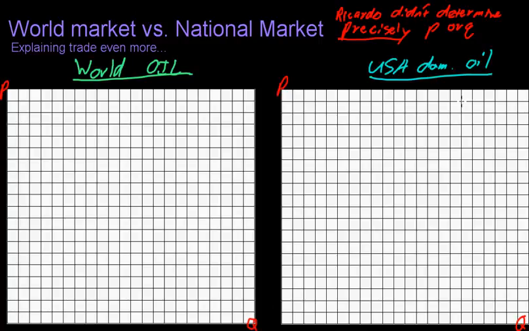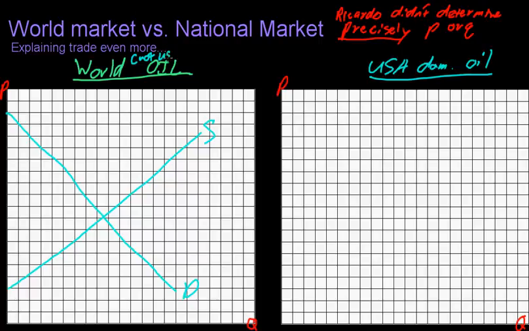All right, and then I'm not even going to label many axes on here. I'm not going to put too many points on here, but let's just go ahead and say that here we have the demand line for oil for the world, and here we have the supply line for the world for oil. So this is the world, and when I say the world, I mean every nation in the world, and then we're going to just put not the USA.